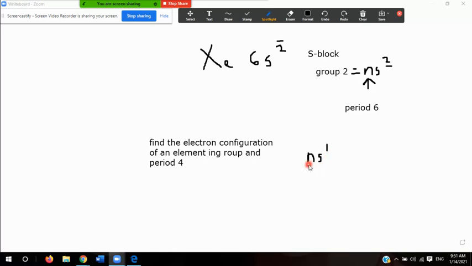And we already know that the n represents the period. So if we're talking about a third period element in group 1, we say that n equals 3 because it's in the third period, and we know it's in the S block, and we know that it is s1. So what they want us to do now is to find the electron configuration.